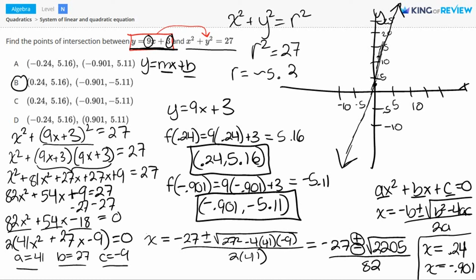So let's graph this circle. Again, it has a center at the origin, and the radius is about 5.2. So it's going to pass these points here. And now I'll use these points to roughly draw in a circle.